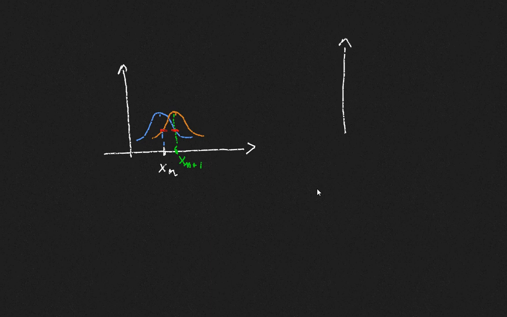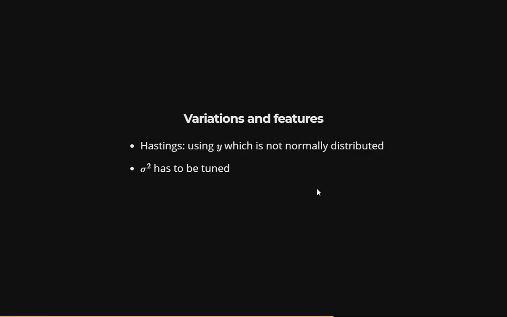And the usual solution, the Hastings solution, was to use a distribution like this. So something which is not symmetric. This is just one of the possible variations.